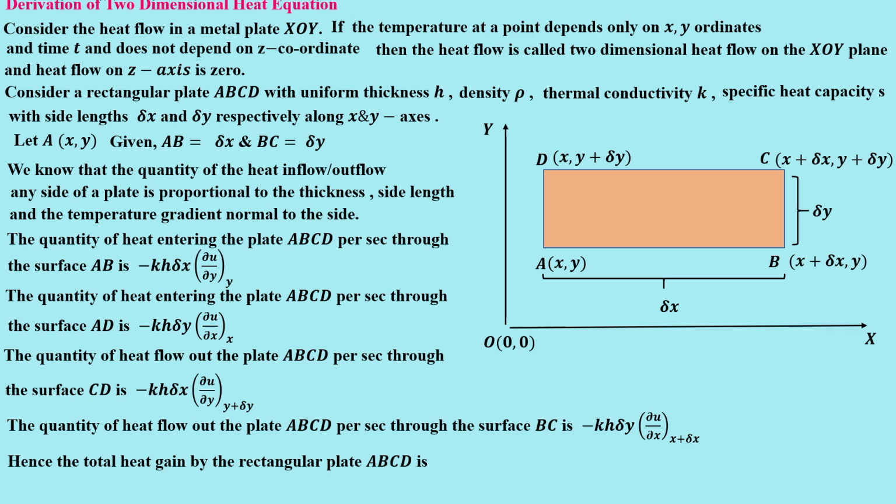Hence the heat gain by the rectangular plate ABCD is the heat entering the plate minus the heat going out of the plate, right? So the difference between the entering and outgoing heat flow, right?